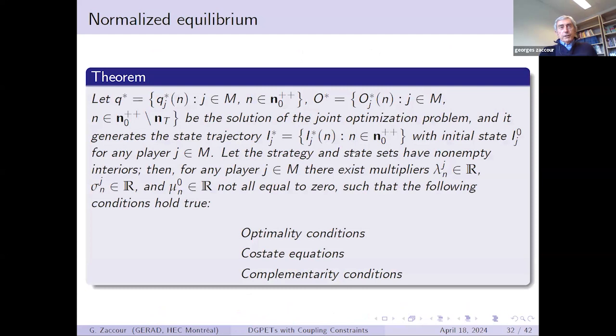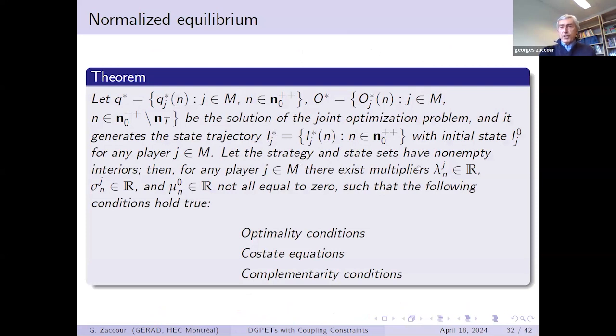So we have here a theorem stating what is the normalized equilibrium. So Q star and O star is a solution to the joint optimization problem, and we have the optimal state trajectory.